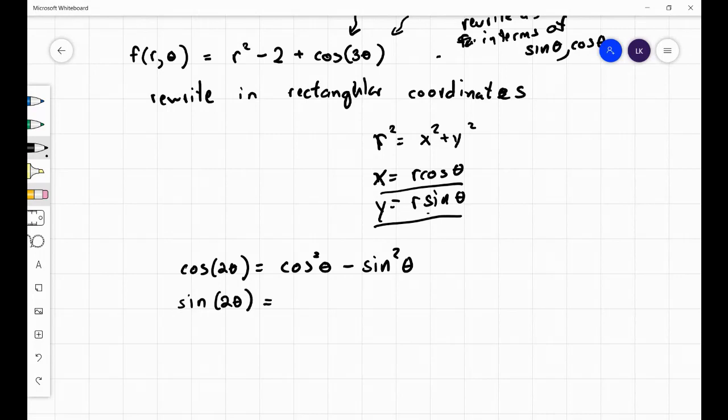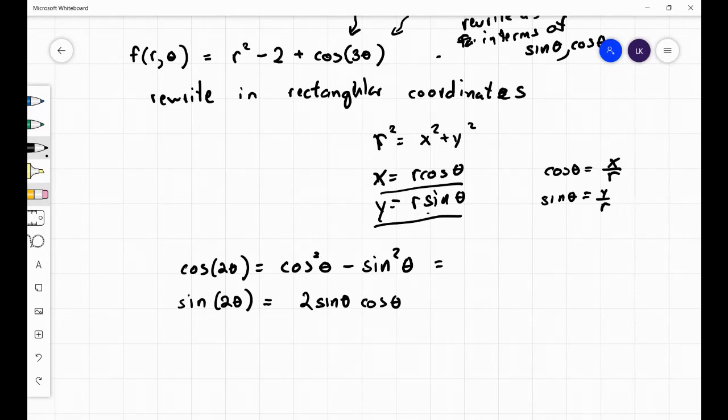It is 2 times sine theta cosine theta, right? All right. And so that's the first step, rewriting everything in terms of just cosine and sine theta. And now I see that cosine theta is x over r, and sine theta is y over r.